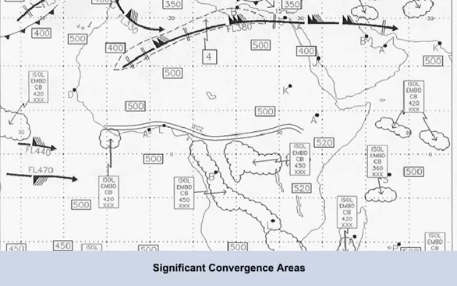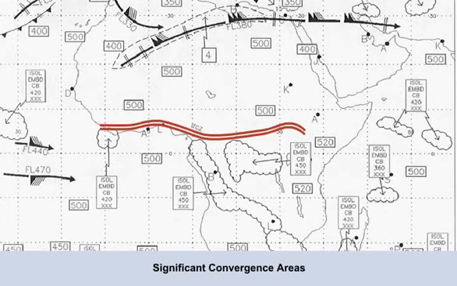The position which is indicated on the chart is the forecast position of the convergence area at surface level. The Intertropical Convergence Zone, or ITCZ, is always displayed on SIG weather charts which cover the region of sub-Saharan Africa. The ITCZ is clearly identifiable by way of two parallel lines and the letters ITCZ.